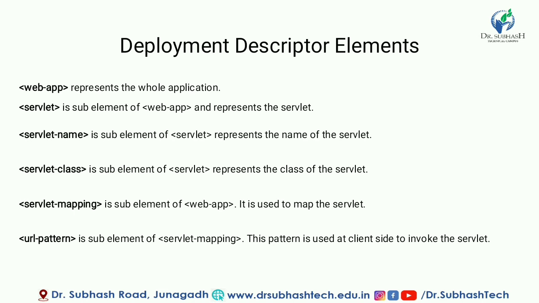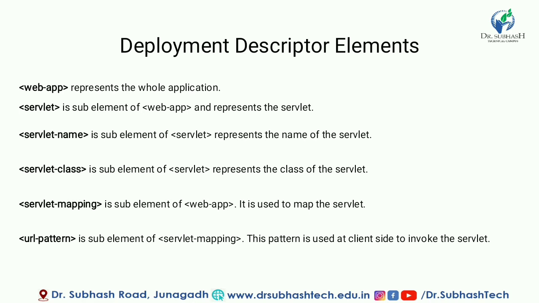Then servlet-mapping is a sub element of web-app and is used to map the servlet. As we have seen, the deployment descriptor is used to map the servlets and their requests. So this tag will be used for mapping that particular relationship. Then url-pattern is a sub element of servlet-mapping, and it will be used in the servlet-mapping.